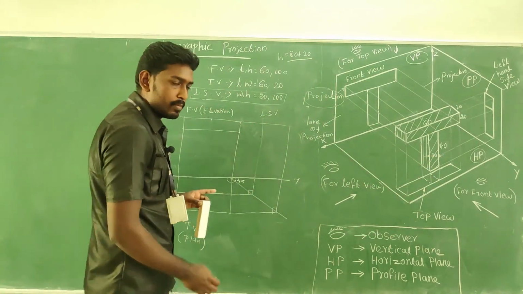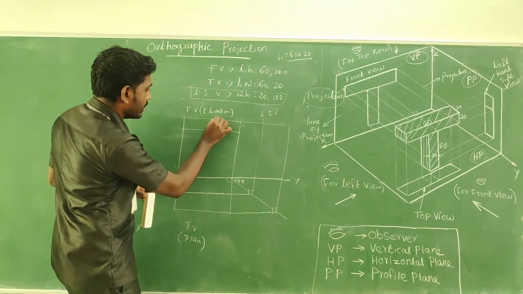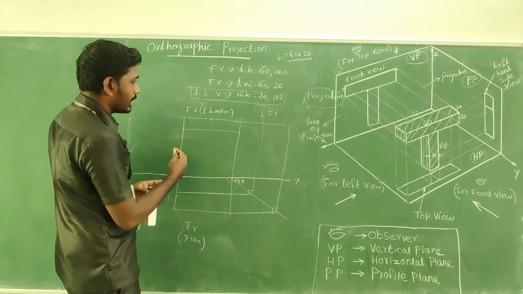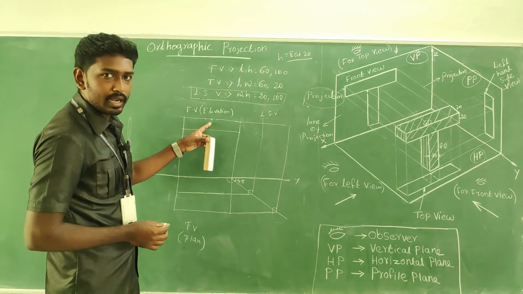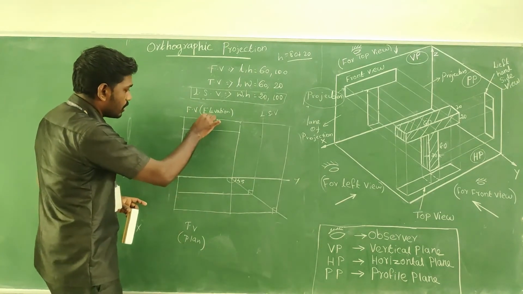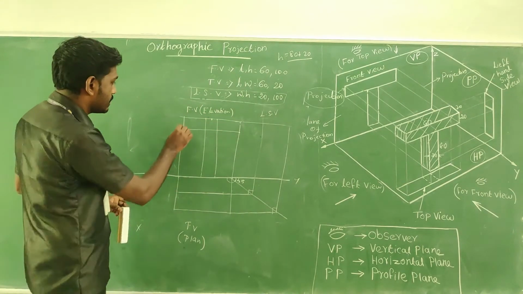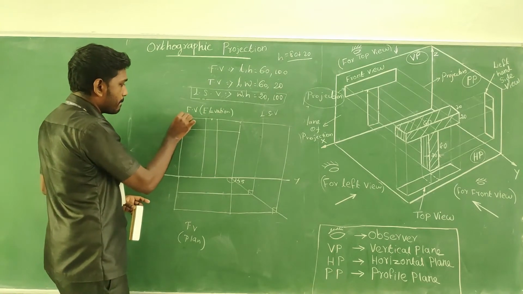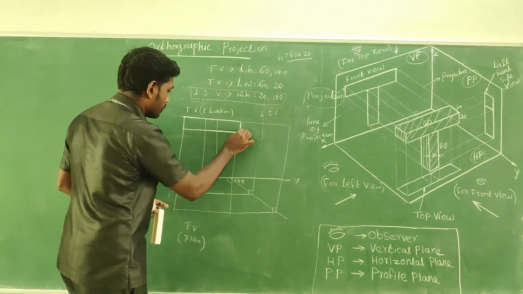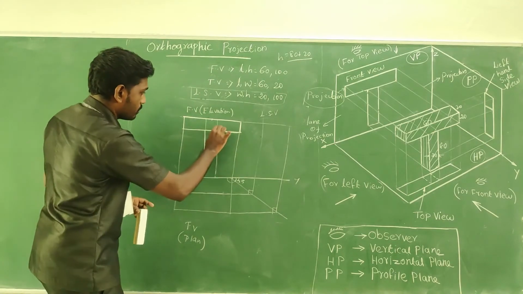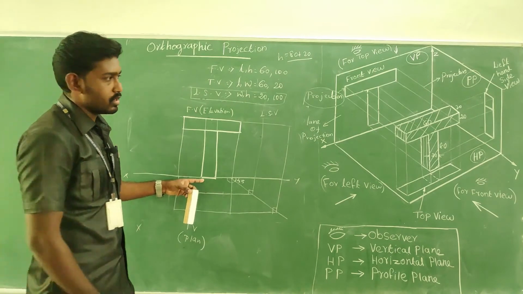The T shape width is 20, so from the mid take 10 mm left and 10 mm right, keep the points like this, and from that you can drop a vertical line, so that you could see the T shape in the front view. The trace can be obtained.